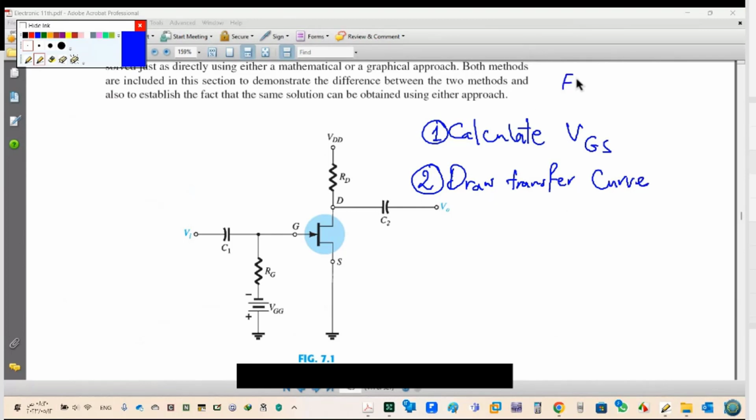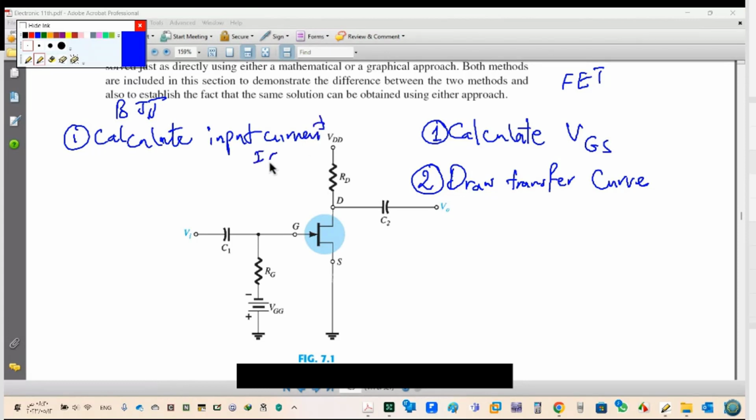This is in FET; I'm making a comparison. For BJT, if you remember, first calculate the input current like IE or IB.